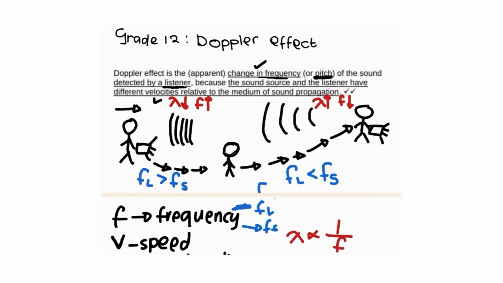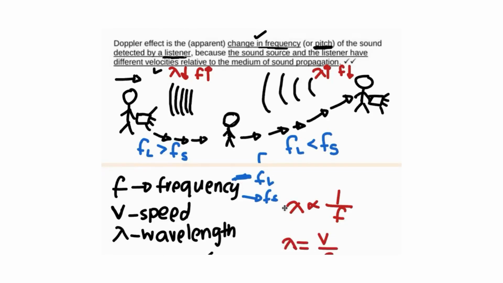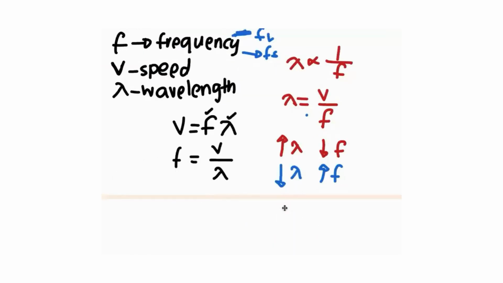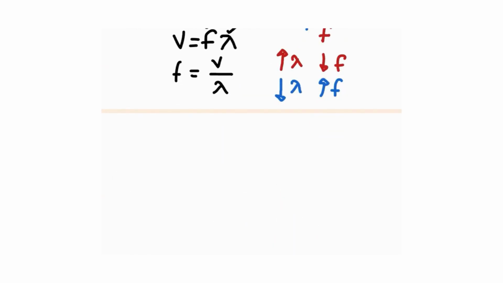Okay, I want you to grab this little diagram here, because we will apply it when we do calculations on Doppler effect and also when we answer theory questions. So I will leave it at this point now, and I'm going to introduce a new equation which we call the Doppler effect equation.